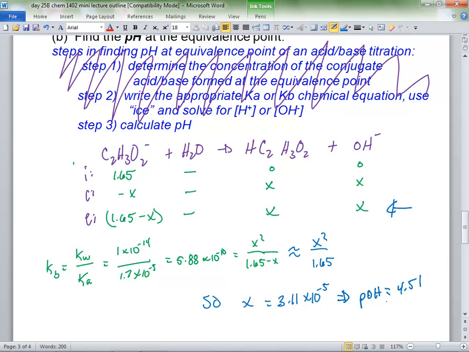So that means my pH is 13.5 or something. You've got to subtract it from 14. See how I can't do any math in my head? Isn't that sad? PhD in chemistry. What is it? 9 point what? 9.49.